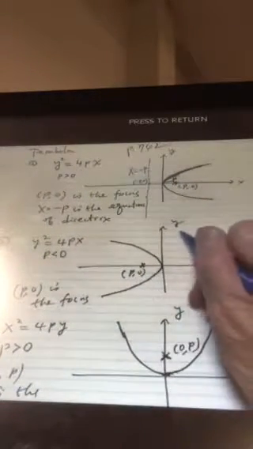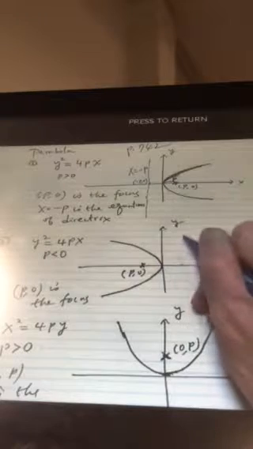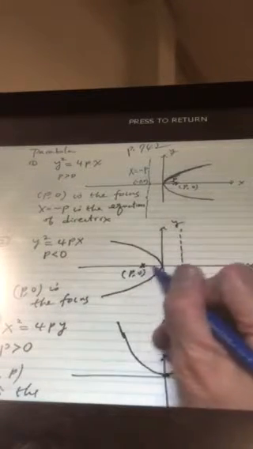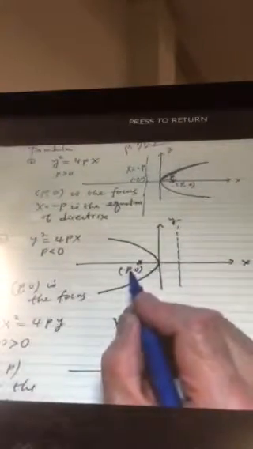And for this one, this will be if this p is negative, so if this is p, this will be negative p, right? It will be negative p. So this x equal to negative p is the equation of the directrix.